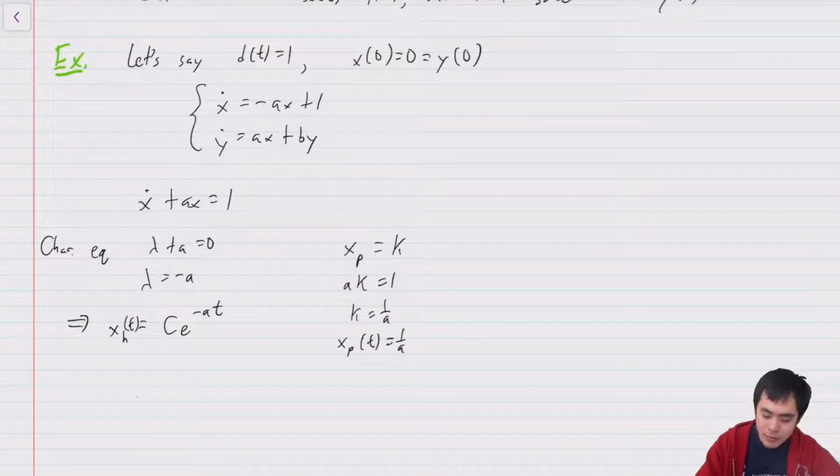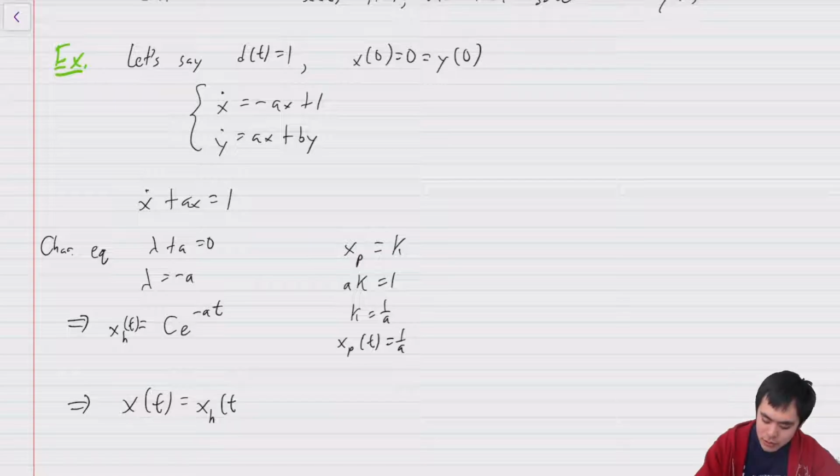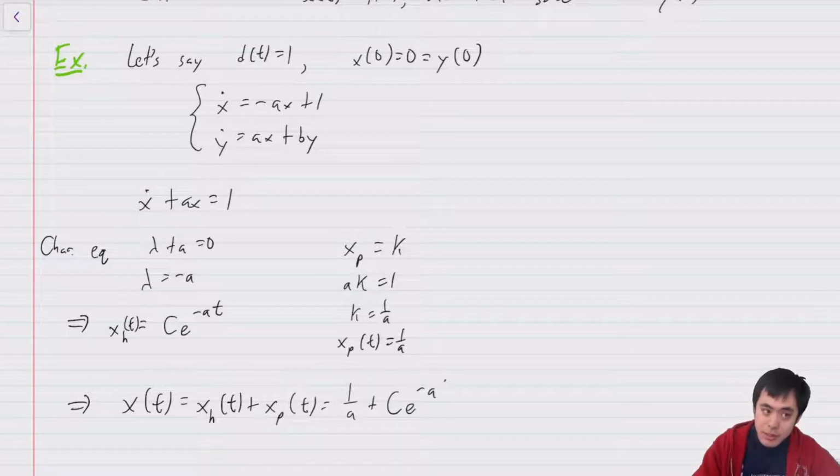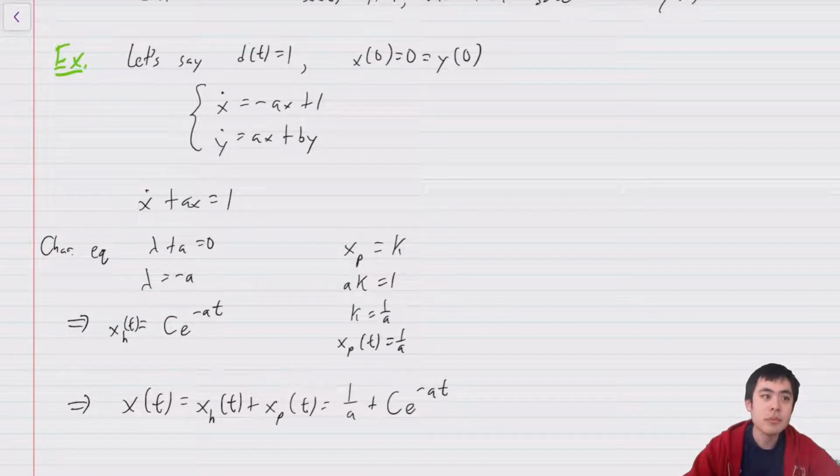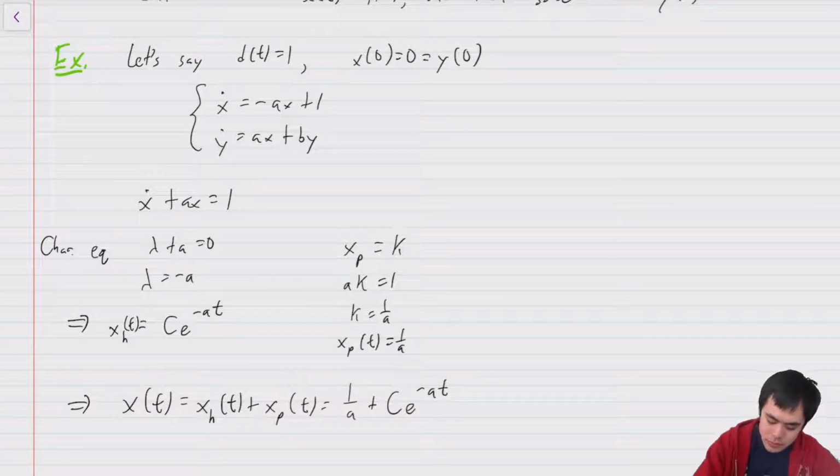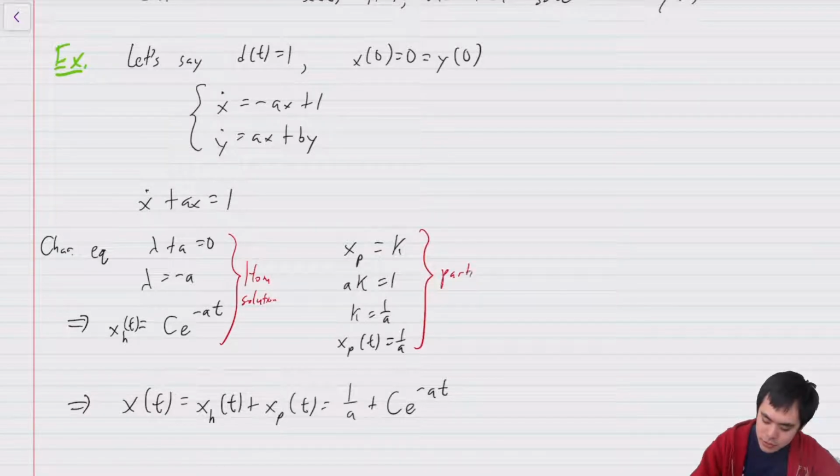And so then you have that x of t is equal to xh of t plus xp of t, equal to 1 over a plus c e to the minus at. This is the homogeneous solution, and this is the particular solution.